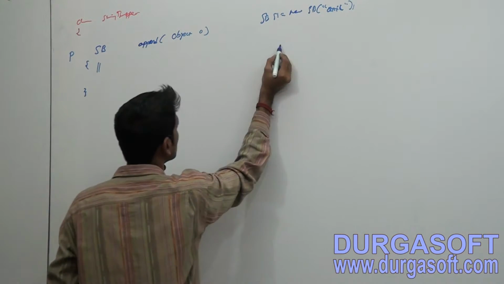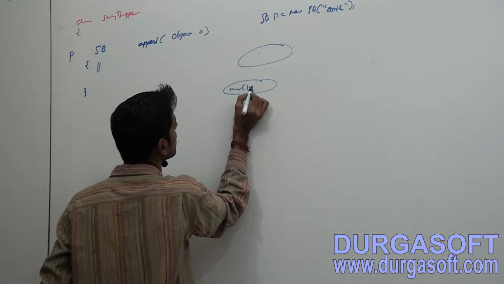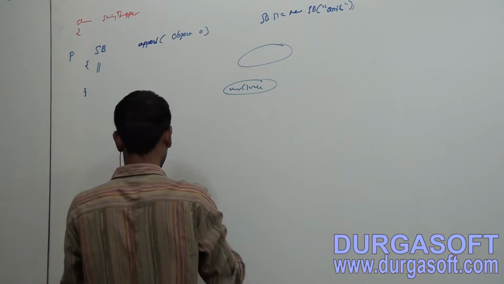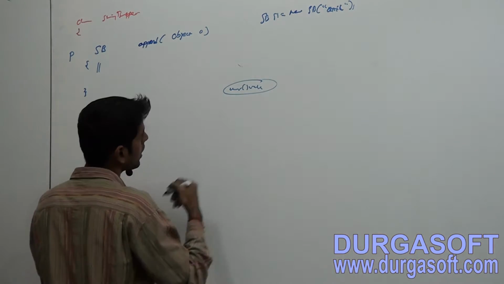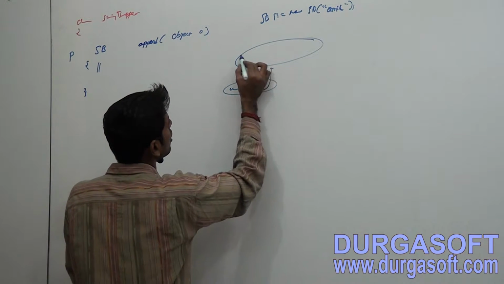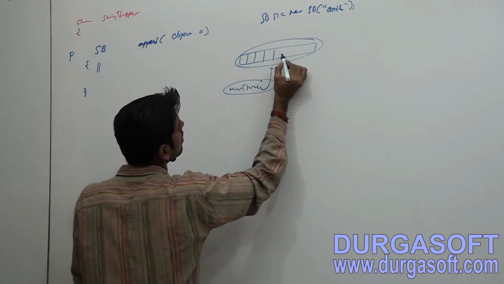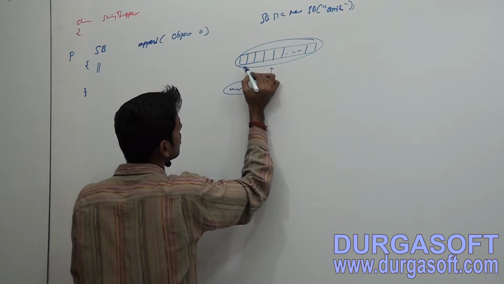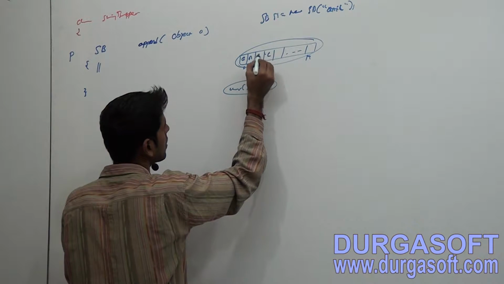There will be one StringBuffer object with its value. How many blocks will be available to us? There will be some 20 blocks, 0 to 19th index, A, N, I, L.